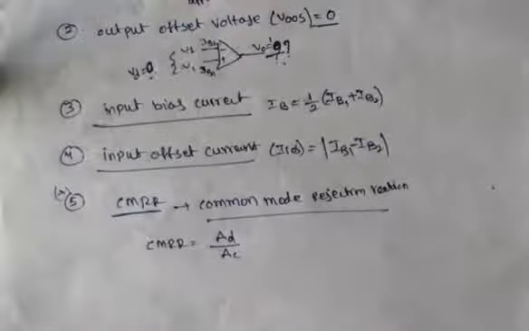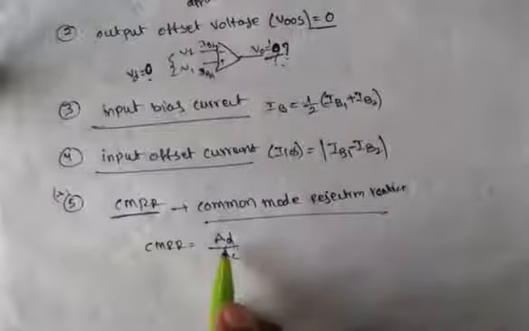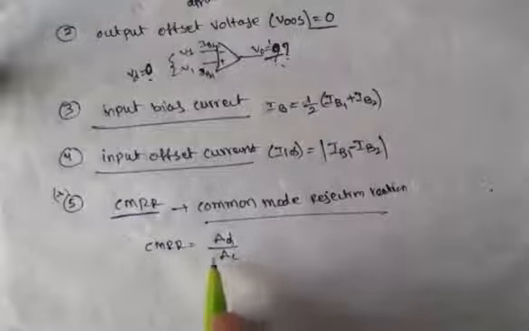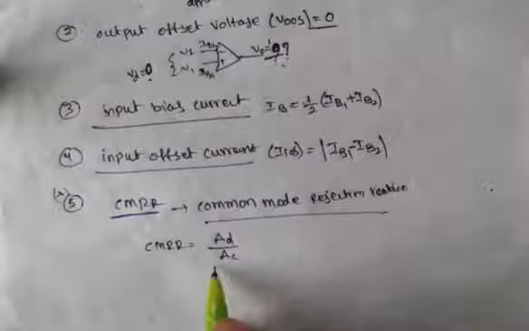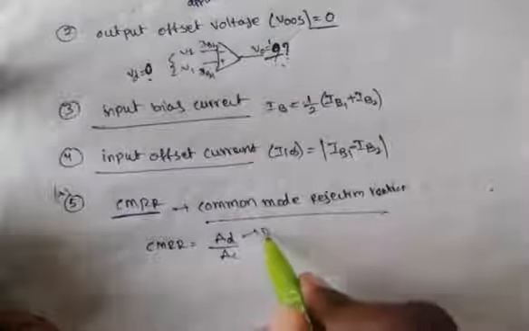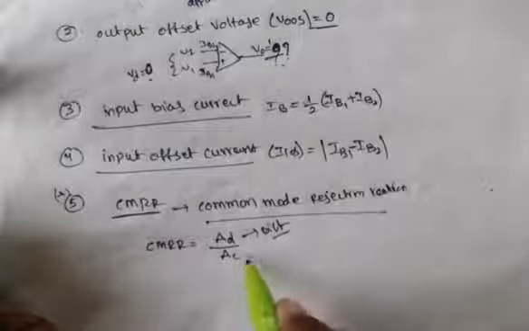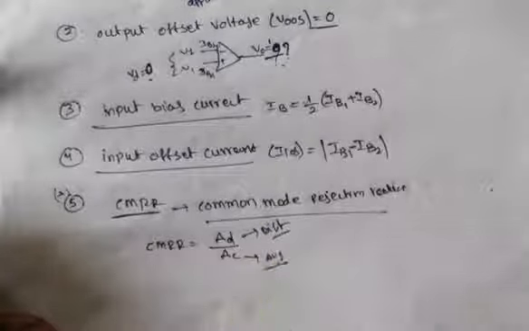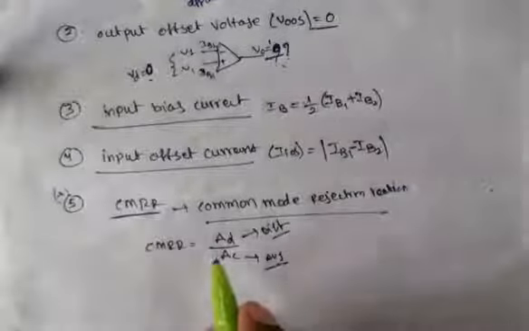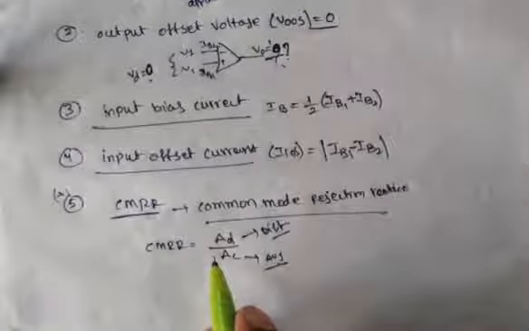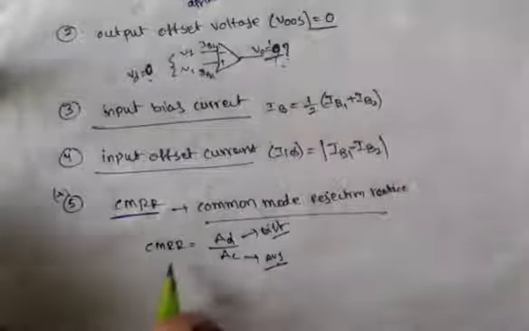The differential mode gain is the difference between the two input terminals. The common mode gain is the average of the two input terminals. The ratio of differential mode gain to common mode gain is defined as CMRR.